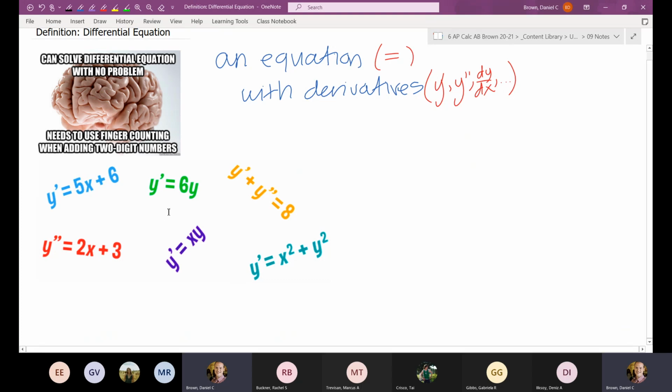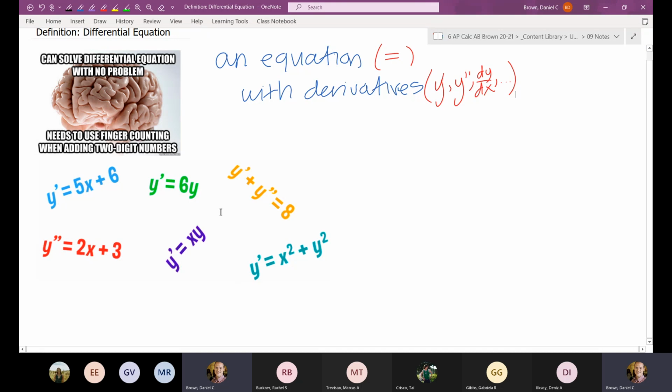The lime green one would be something new for this unit, where the derivative is in terms of y instead of in terms of x. That orange one has both a first and second derivative in it, which is kind of unique. And then that purple one, y prime is equal to x times y, or y prime is equal to x squared plus y squared, where we're mixing together the x's and the y's.